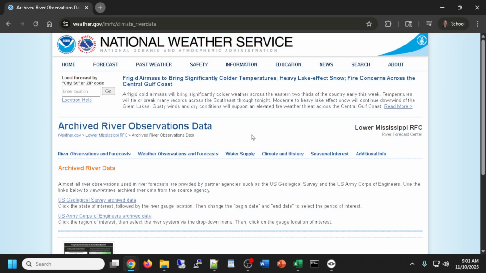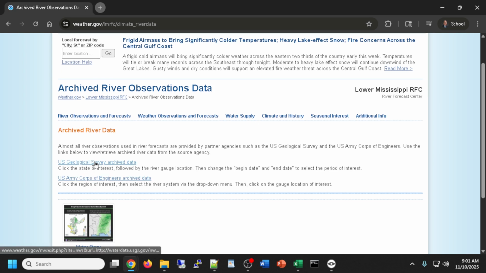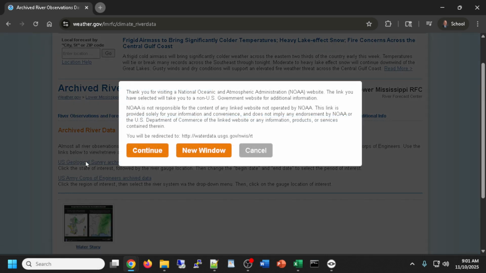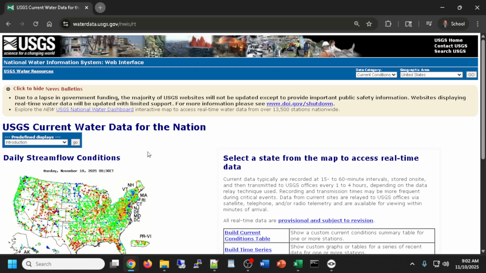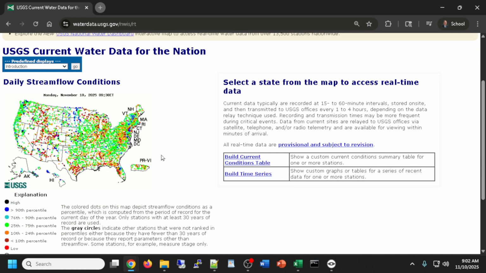There's data all over the internet for anything you're looking for. Here we have U.S. Geological Survey archive data. I'm going to go there and continue. What I'm looking for is data that I can bring into Excel and do my own graphing.